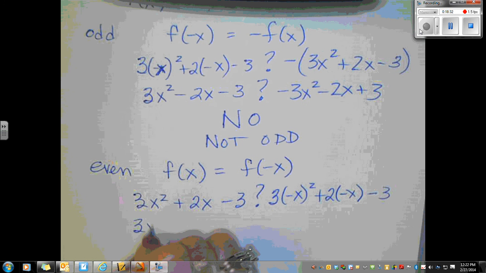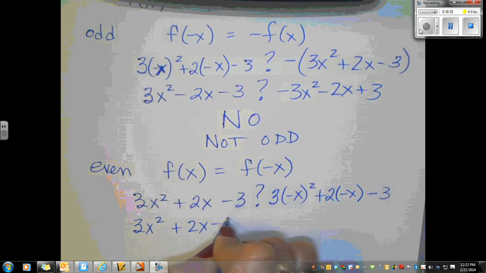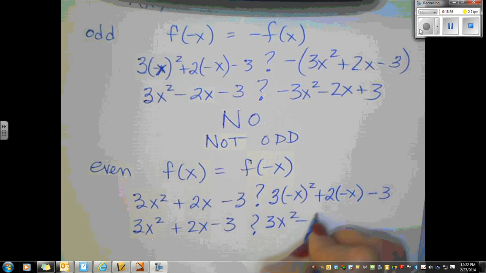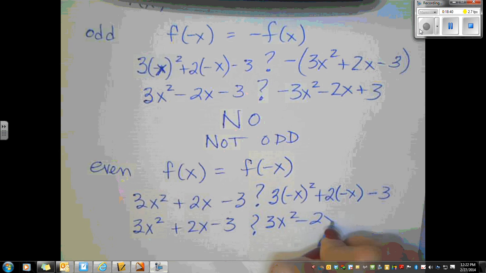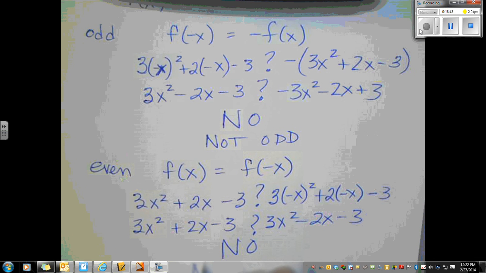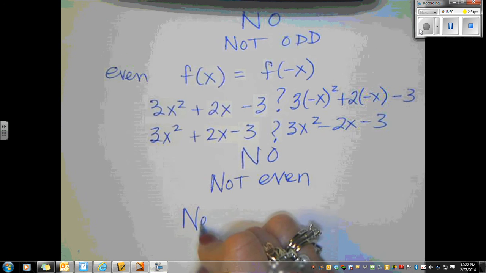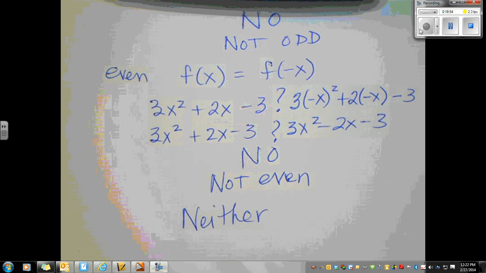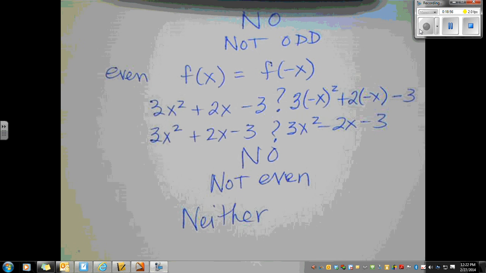Is that the same as 3x squared minus 2x minus 3? No. So this is not even. This is a neither. Yes. It's a function, a parabola as a matter of fact, but it's symmetric over whatever line is going through its vertex. It's flipping over that.